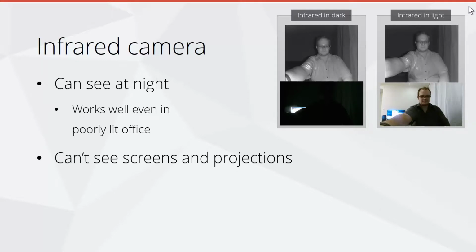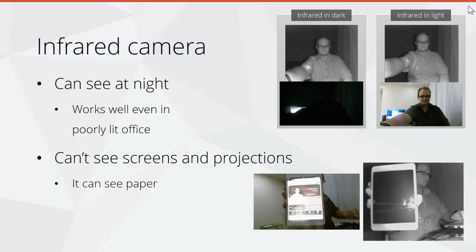And what it also cannot see, which is a feature, is basically any projection or screens. So if you look at here I have iPad, but when you look at the iPad on infrared, it doesn't see anything.